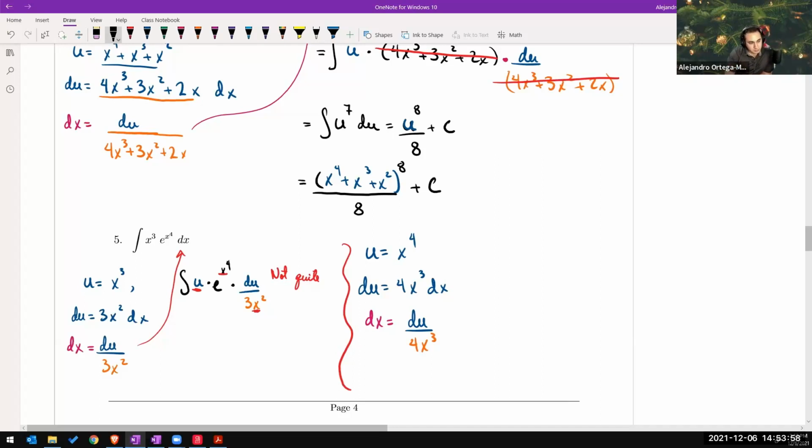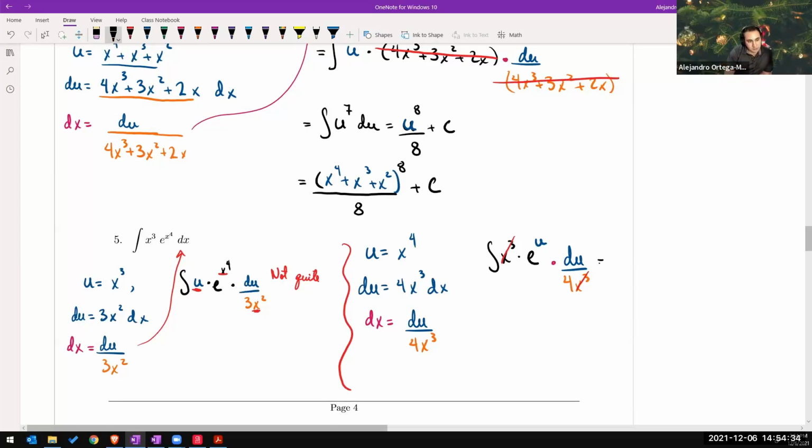Then I'll have the integral of x cubed times e to the u, then the dx, if we substitute it in, we'll get a du over 4x cubed. Okay, is this looking better? I think so, because at least I can cancel this x cubed. So now I don't have any x's.